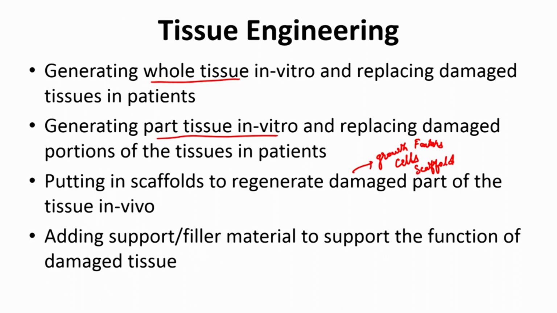And then the final one, which is now very widely used in tissue engineering, and we gave some examples in the last slide, is adding support or filler material to support the function of the damaged tissue. So this could be, let us say, if I need structural support, I am putting in a metal such as stainless steel or titanium to replace bone or to support bone.